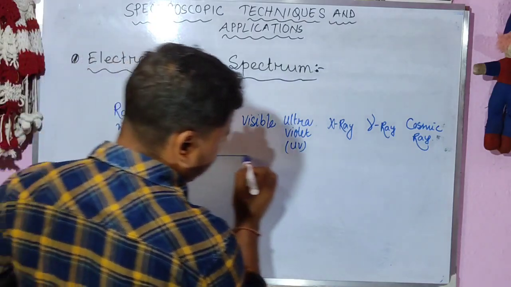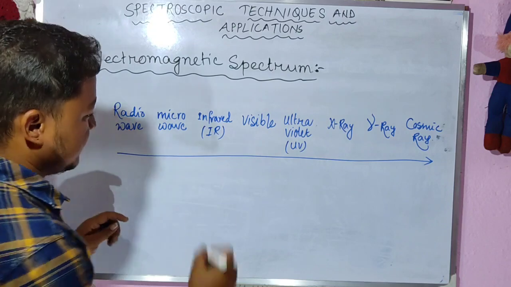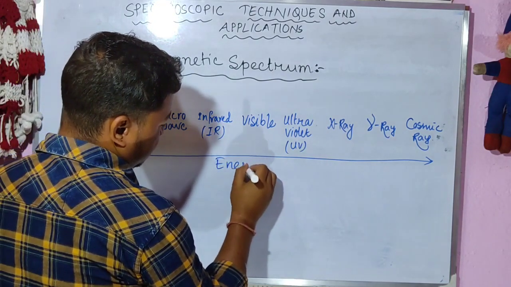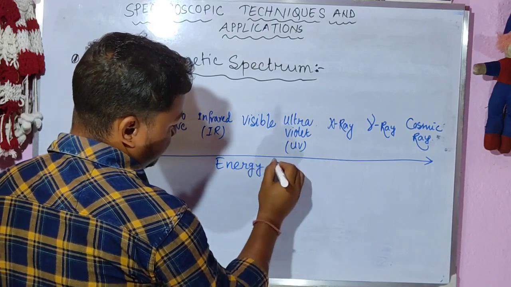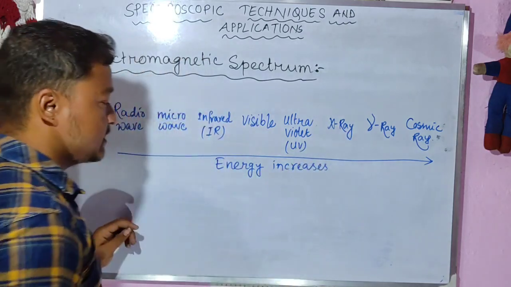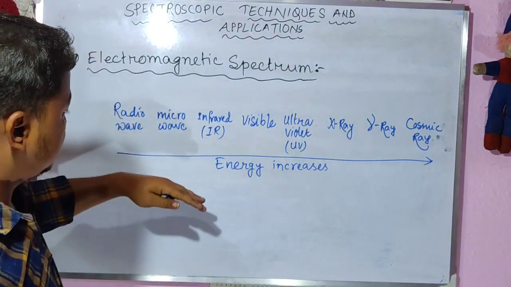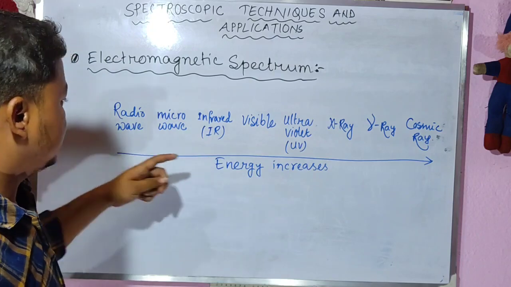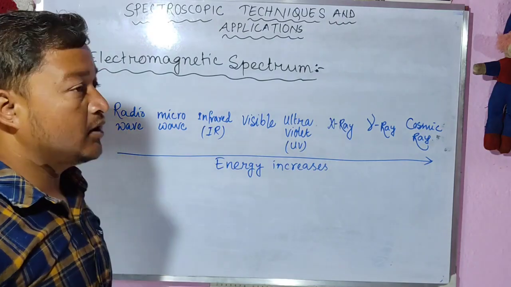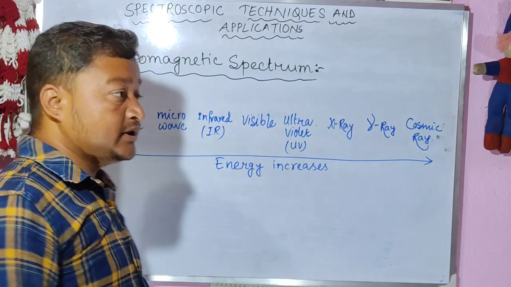So if you go from left to right, the energy increases. If we know the energy increases or decreases, then we also know the lambda or wavelength and frequency or nu.